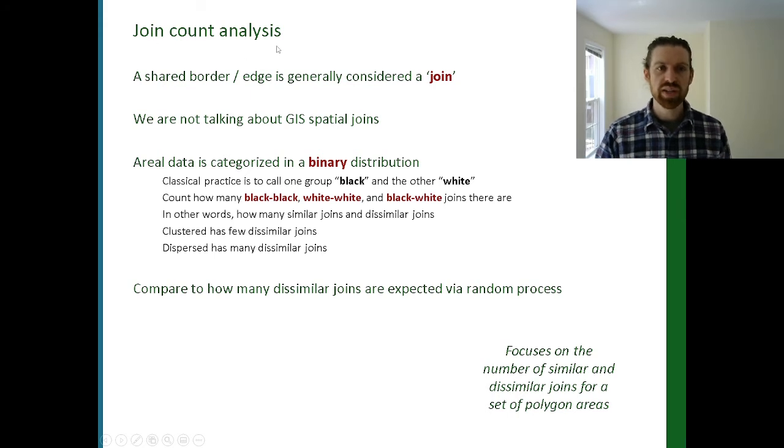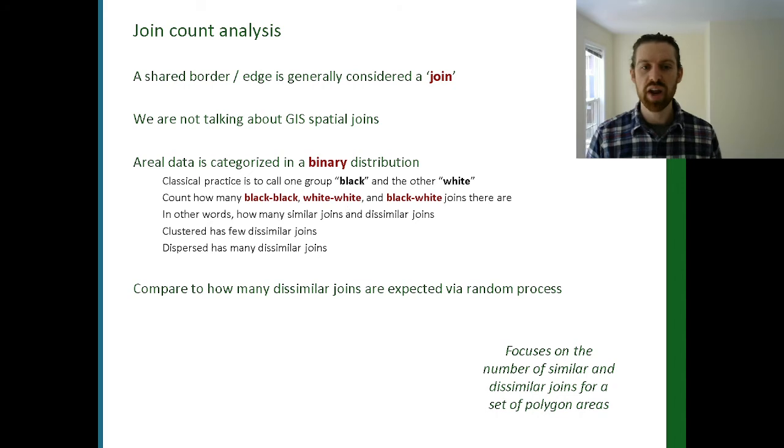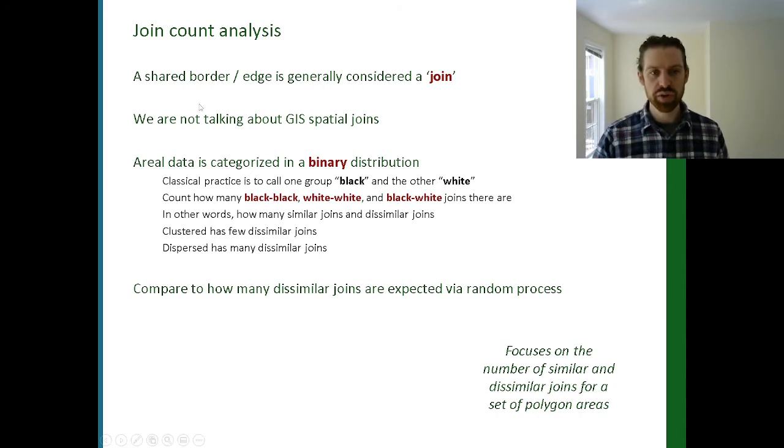So the join count analysis is basically where you have a shared border or edge that we consider a join. We're not talking about spatial joins here in GIS, and that areal data is then put into some sort of binomial outcome, so it's either true or false, black or white, or whatever you want it to be. I'm just using black or white here because those are the traditional terms used for these different areas based on a chessboard approach.